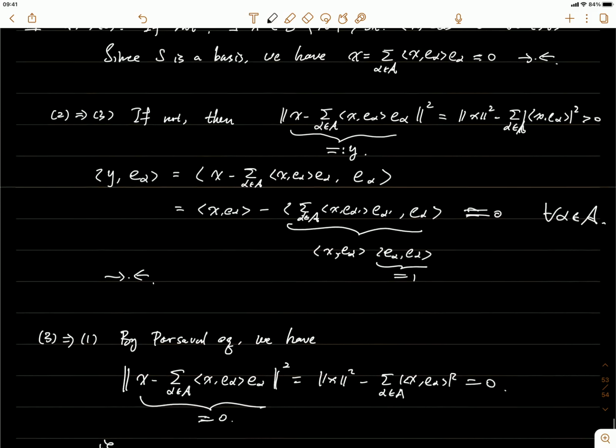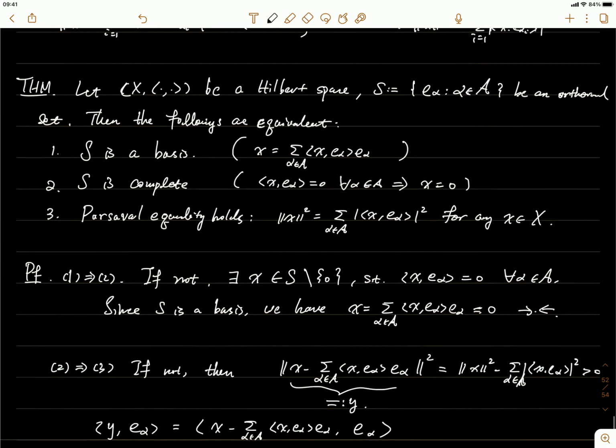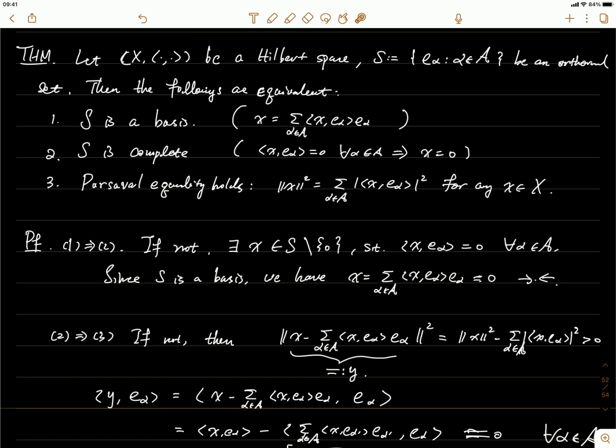So you can see that these 3 are actually equivalent. We say that S is a basis, which means that every x can be written as this linear combination, and it's equivalent to saying that S is complete, as in the second one, or you can just verify that by checking the Bessel inequality.